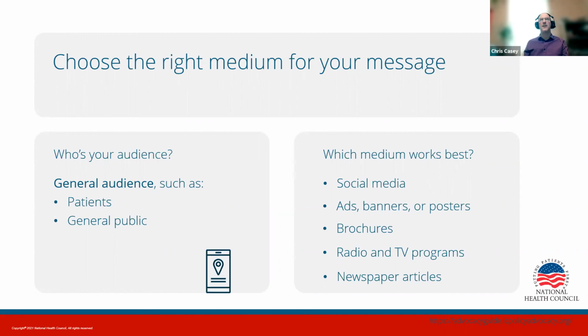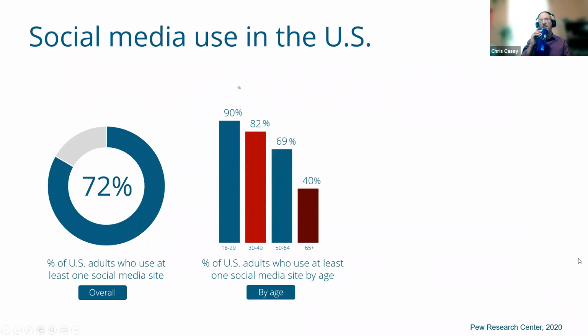So again, that's just a quick overview of some considerations for how to reach different audiences with your message, and the way that the medium changes your communication approach too.